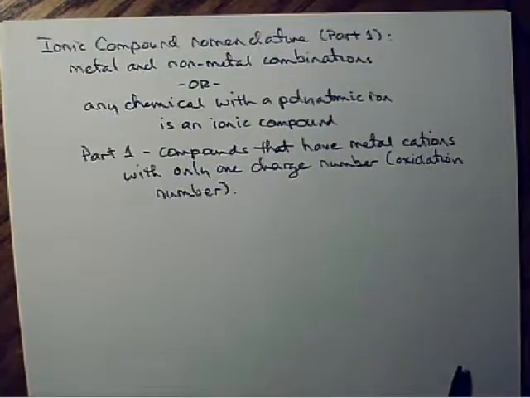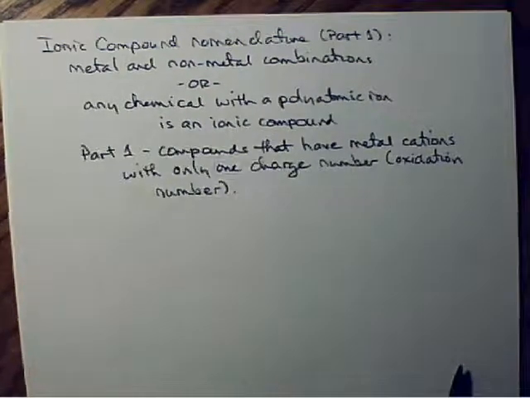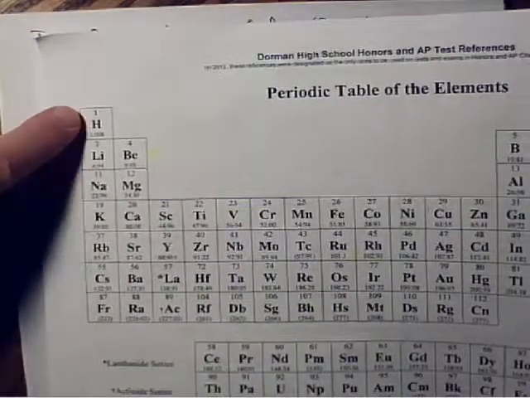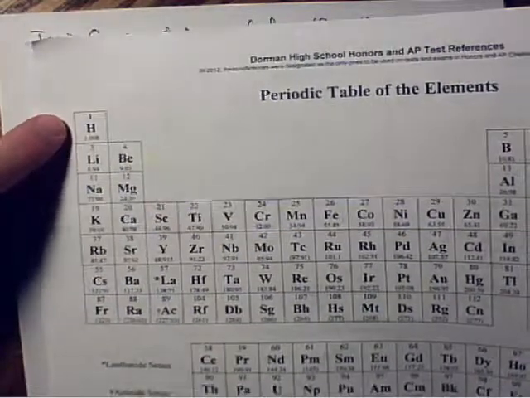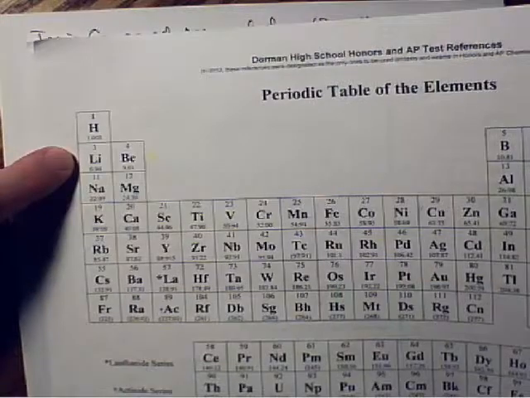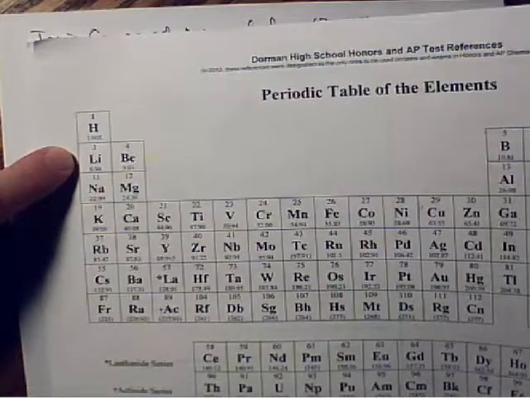All right, going back to the periodic table, let's remind ourselves of the columns of elements for which you already know the cation charge numbers. So except for hydrogen, because hydrogen generally is treated as if it's not a metal, all these elements have the same charge. And that charge is 1 plus.